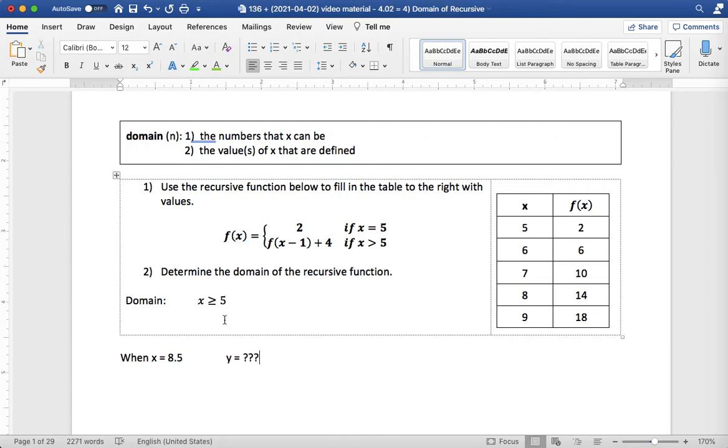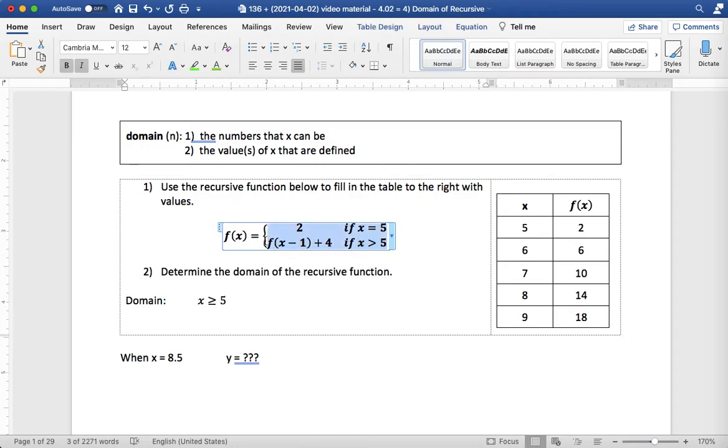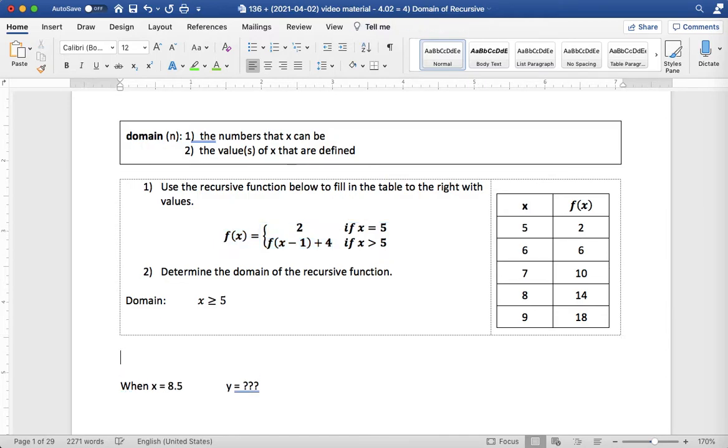Well, x equals 8.5 is definitely an x that is bigger than 5, so I would use this equation. In order to use this equation, I need to know what x equals 7.5 is equal to. I need to know the one before it. And one before 8.5, I would need to know when x equals 7.5, what was my y then?